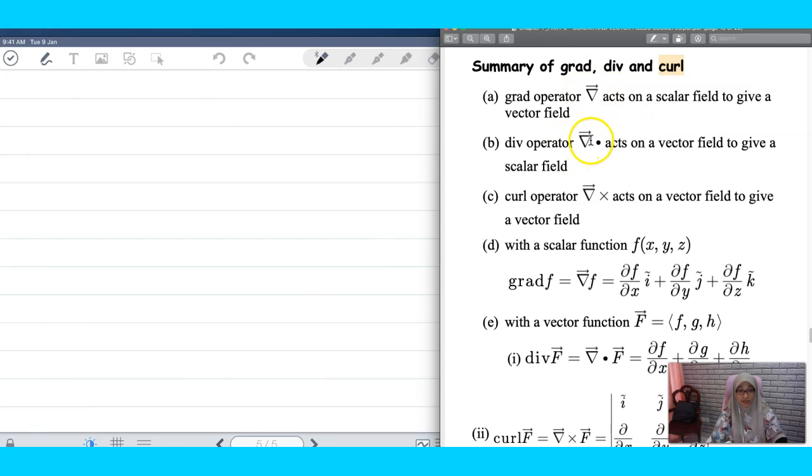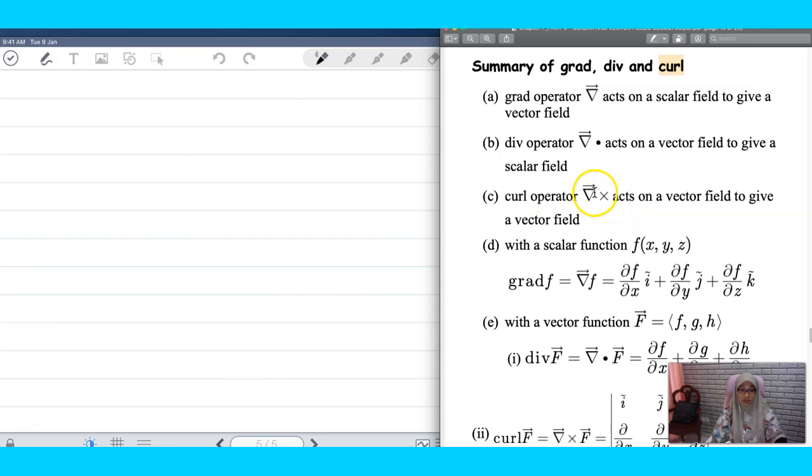But if you have nabla dot, so we call that process, if just nabla dot, it's nothing because this is just an operator. So we call this nabla dot the divergence operator. It should be paired with a vector field. Okay, so the outcome should be a scalar field.